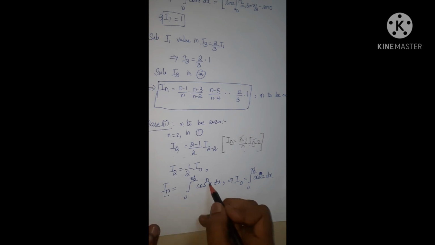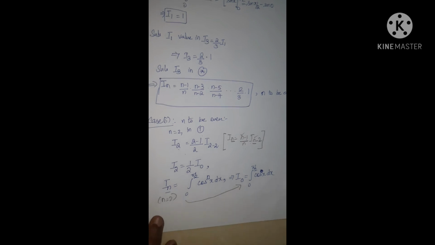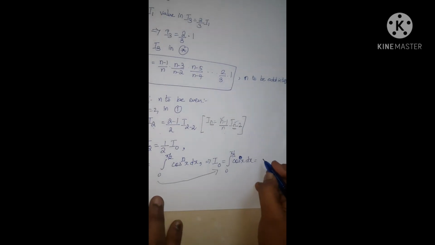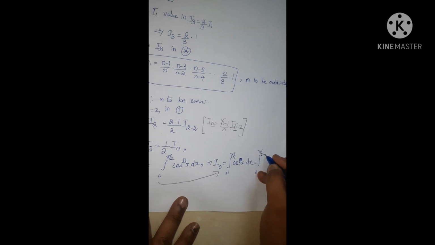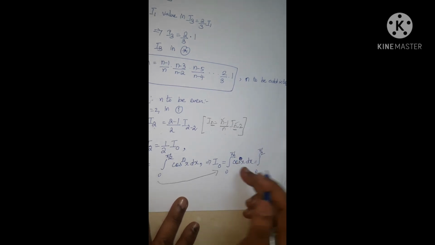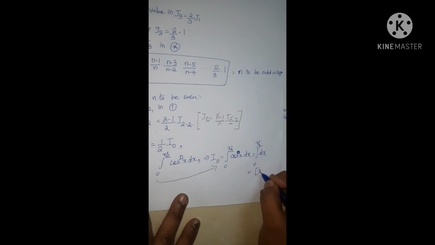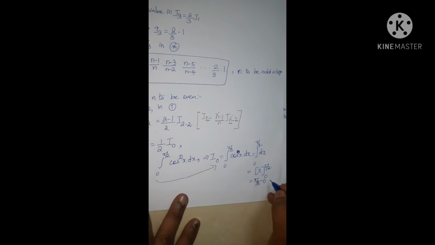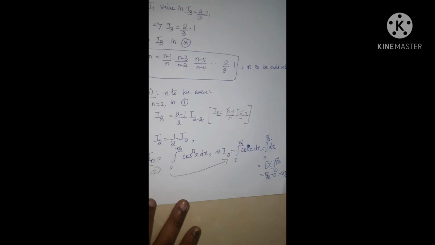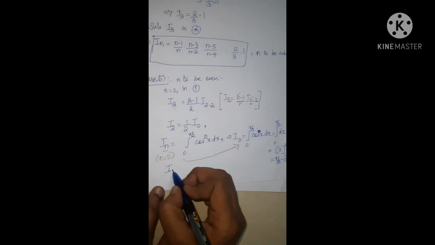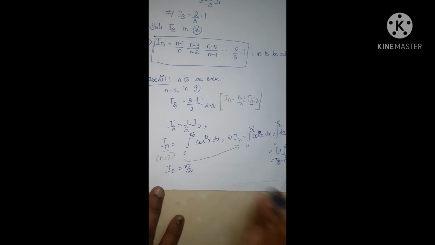So what is this equal to? Cos of anything to the power 0 is 1. So cos to the power 0 becomes 1, and 1 into dx is dx. What is the integral of dx? It is x for the limit 0 to pi/2. That becomes upper limit minus lower limit in the place of x. So my answer is pi/2. Hence we got I0 is equal to pi/2.